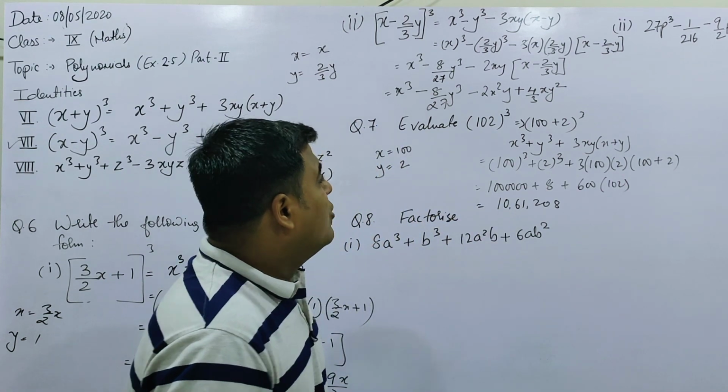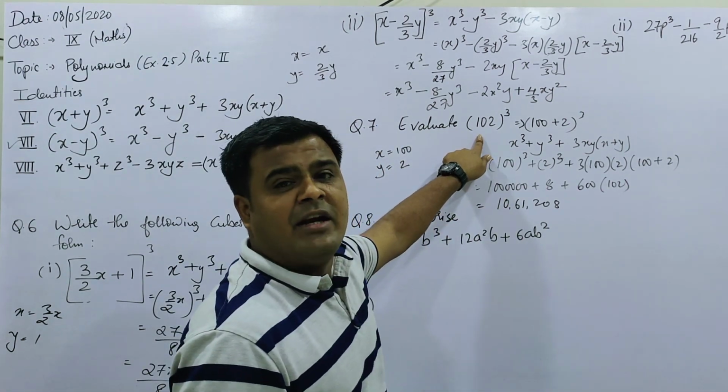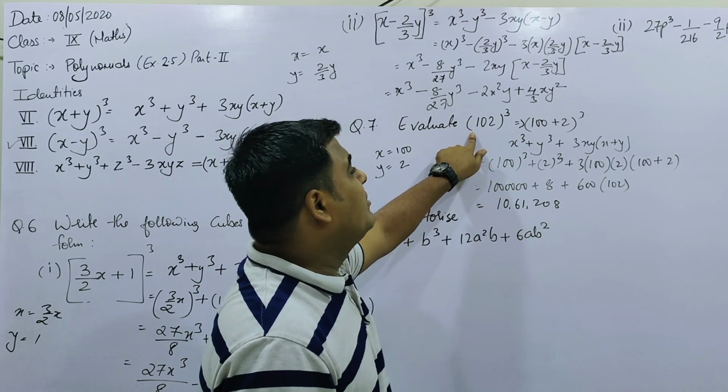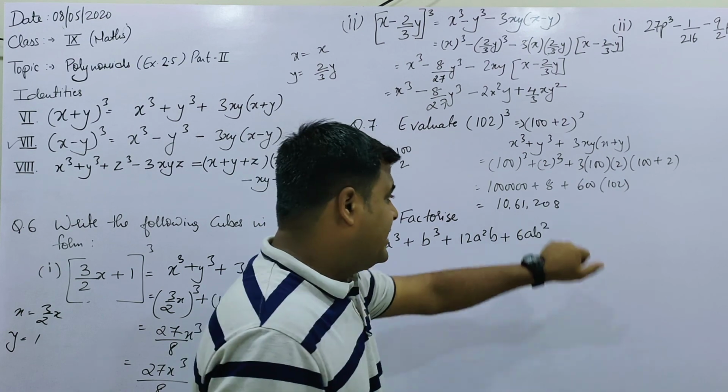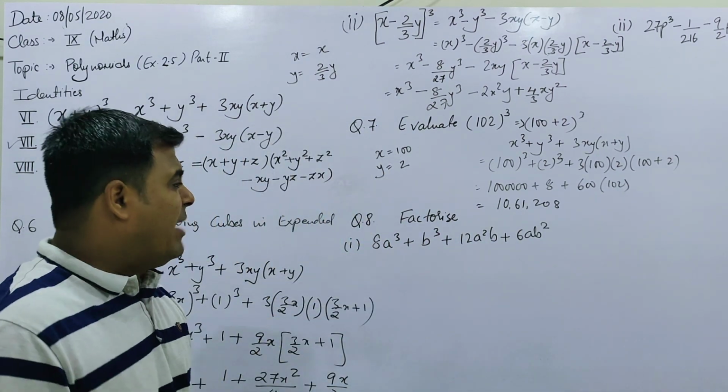So you have got the value of 102 cubed without actually multiplying, by using the identity, as 10,61,208.